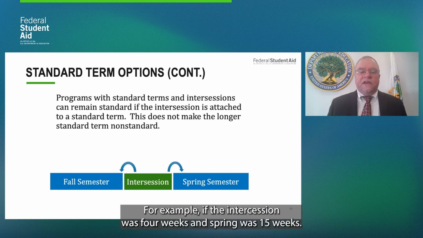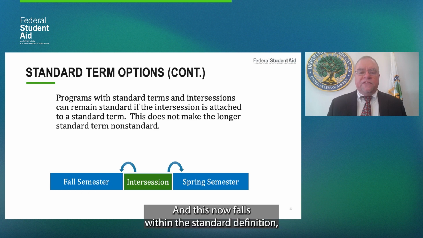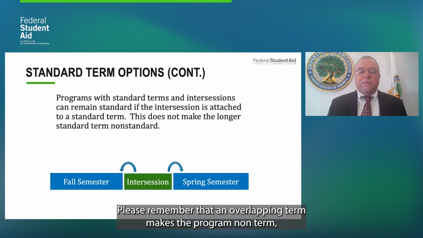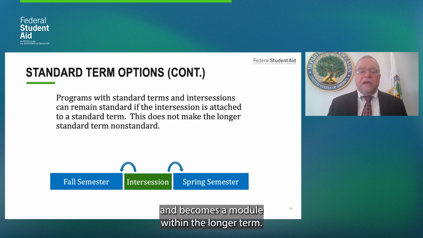For example, if the intersession was 4 weeks and spring was 15 weeks, then combined they are 19 weeks, and this now falls within the standard definition, and it isn't an exception to the rules as it was under the previous guidance. Please remember that an overlapping term makes the program non-term unless the overlapping term is combined with a standard term and becomes a module within the longer term.